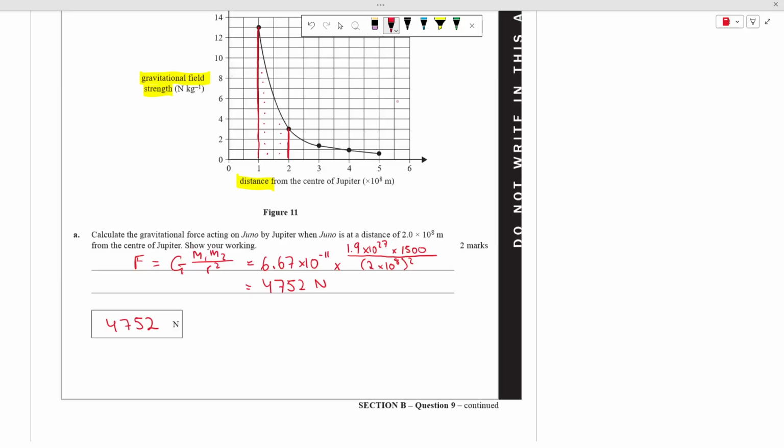This one, 1, 2, 3, 4, 5, 6, 7, 8, 9, 10, 11, 12, 13. The rest of them, I'd say, would combine to be another full square. So we count the rest of them as another full square, and so we've got 14 squares there.